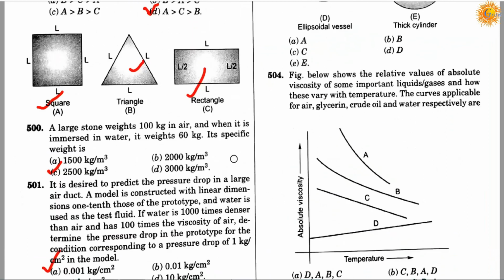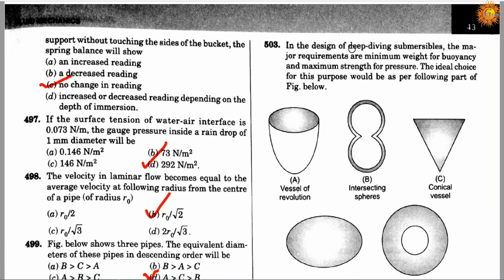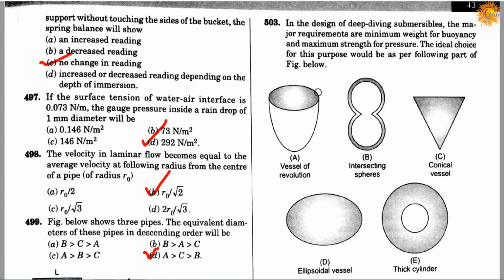Question number 503. In the design of a deep diving submersible, the major requirements are minimum weight for buoyancy and maximum strength for pressure. The ideal choice for this purpose would be as per the following parts given in the figure below.